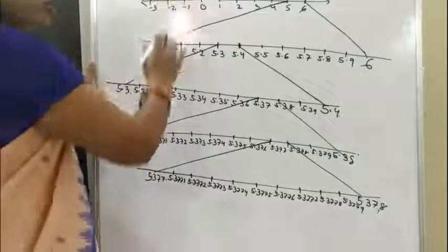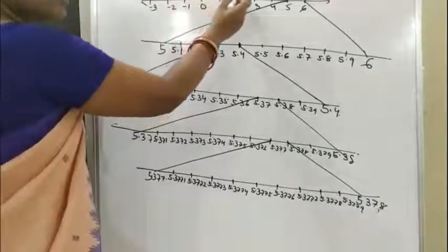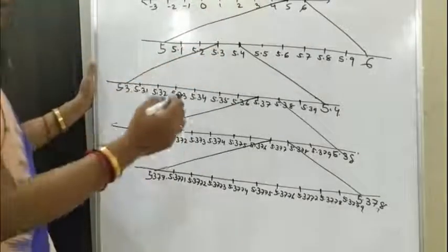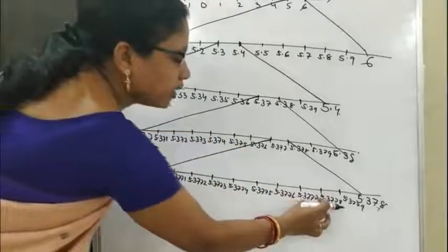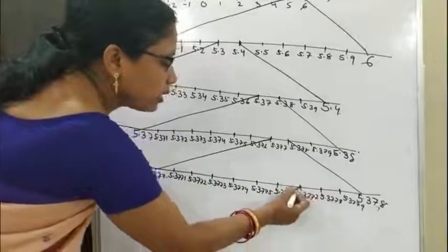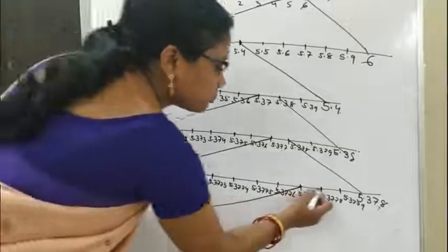So again it will lie between 5.3777 and 5.3778.